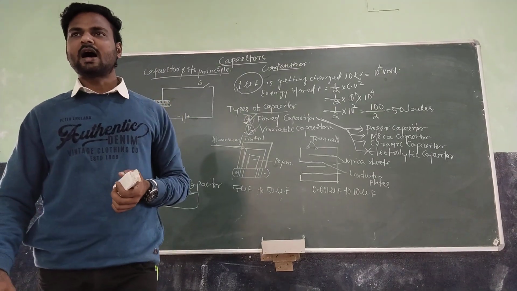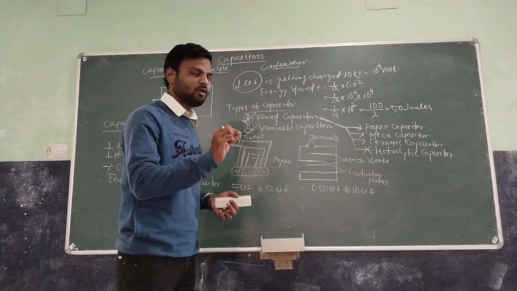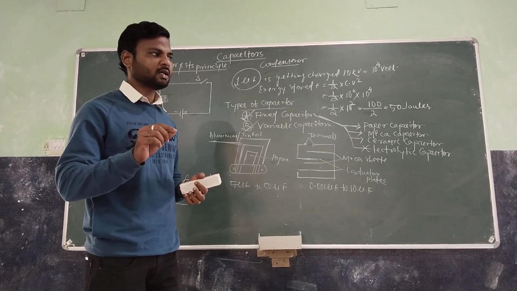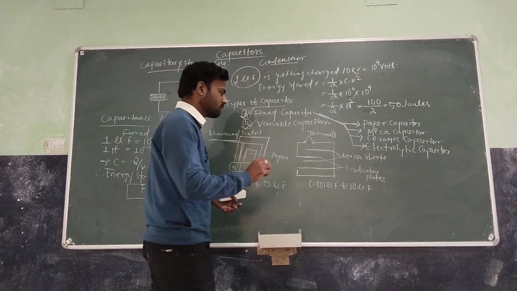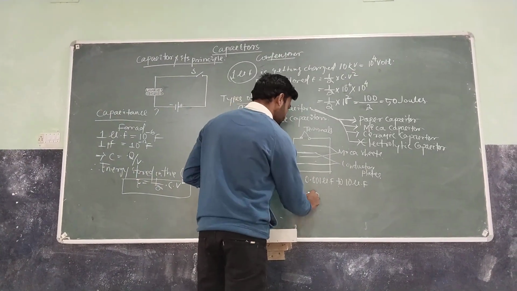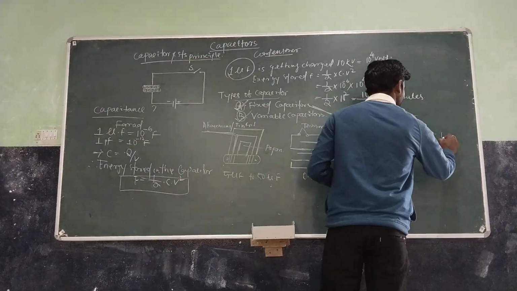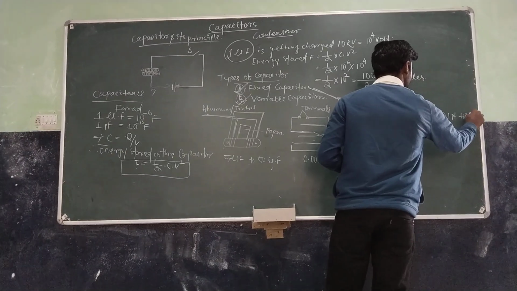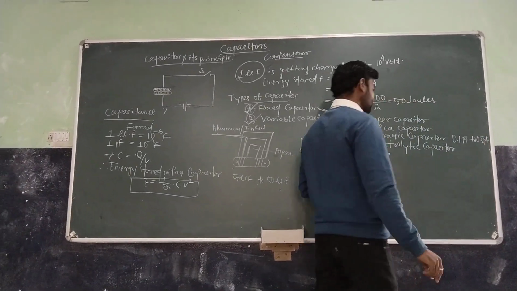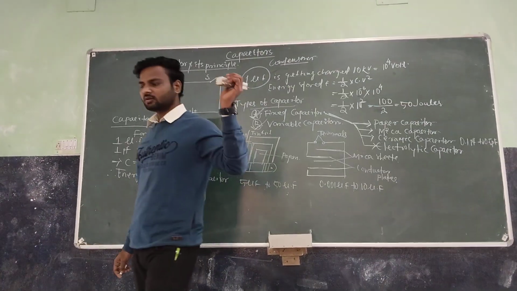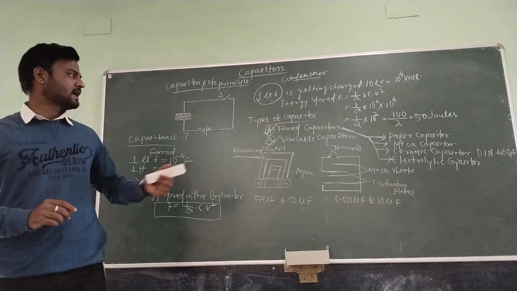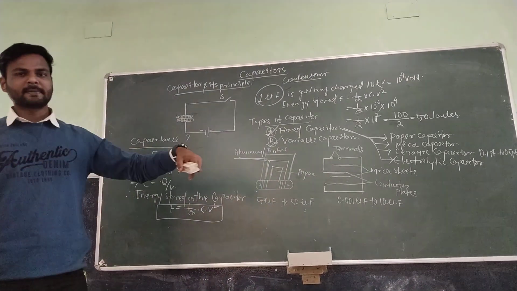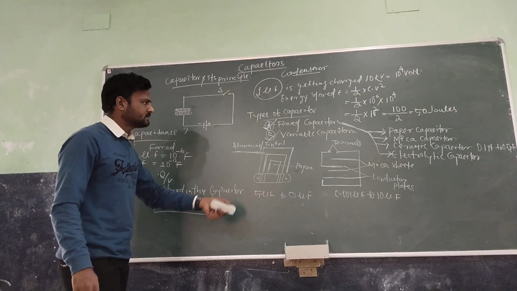The value of a ceramic capacitor is 0.01 picofarad to 0.5 picofarad. So there are the fixed capacitors, and variable capacitors are those whose capacitance value varies.